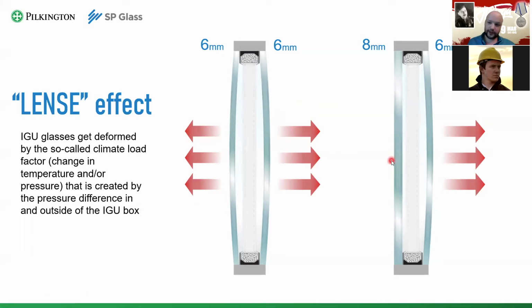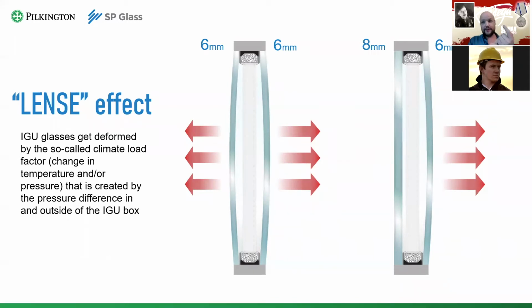If your outer glass is thicker than the inner one, then the inner glass will bend more, leaving your outer, thicker glass more flat. That is one case.